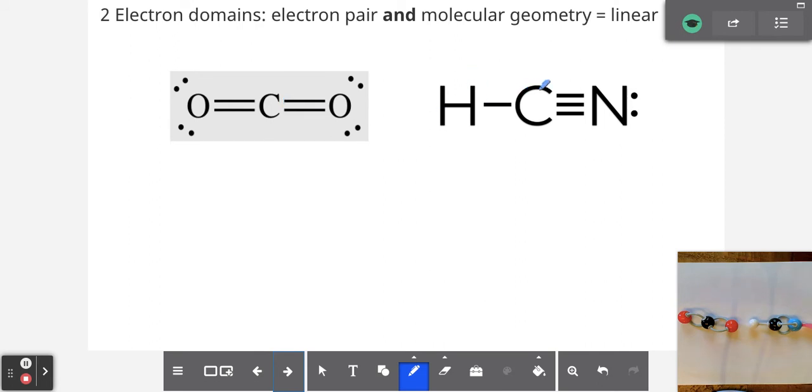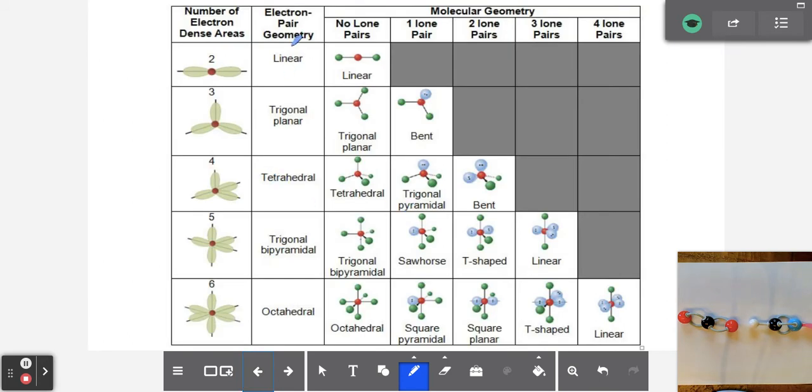Again, you can say the same thing for the carbon here. There's 1 and 1, so there's 2. So in the case of there being 2 electron dense areas, the electron pair geometry is linear, and there aren't any lone pairs, so the molecular geometry is also linear.